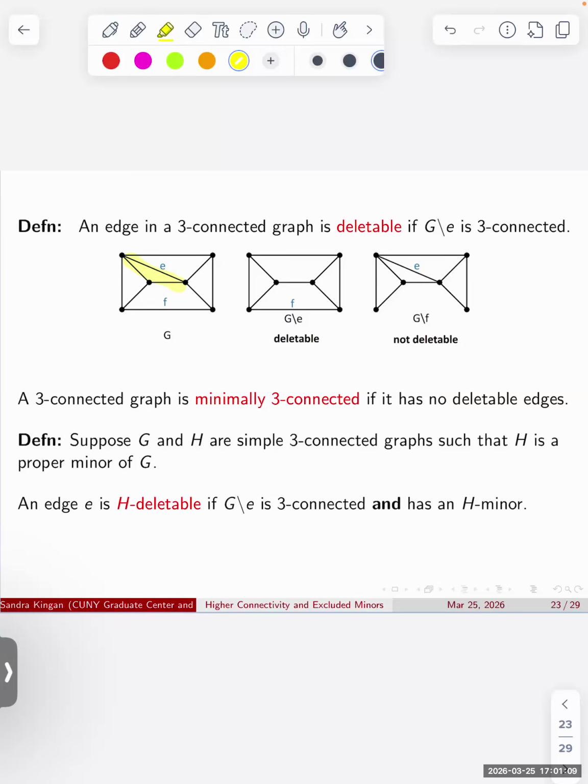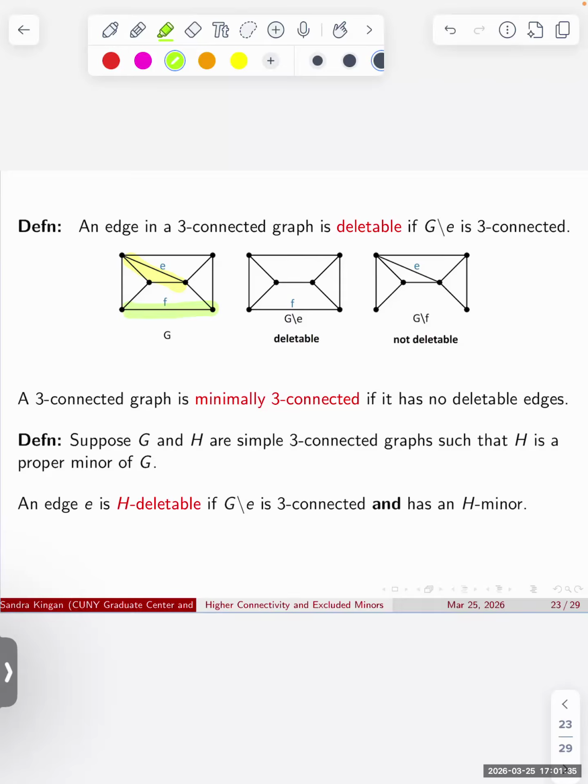But if you remove this edge, call it F, then that graph is not 3-connected. And a 3-connected graph is minimally 3-connected if it has no deletable edges. So you can say it all in one sentence: G is minimally 3-connected if removing any edge destroys 3-connectivity.